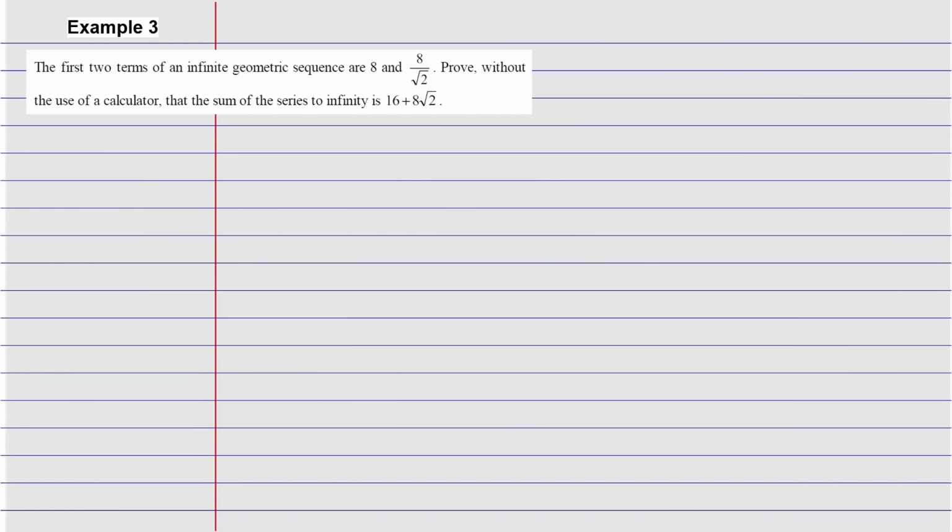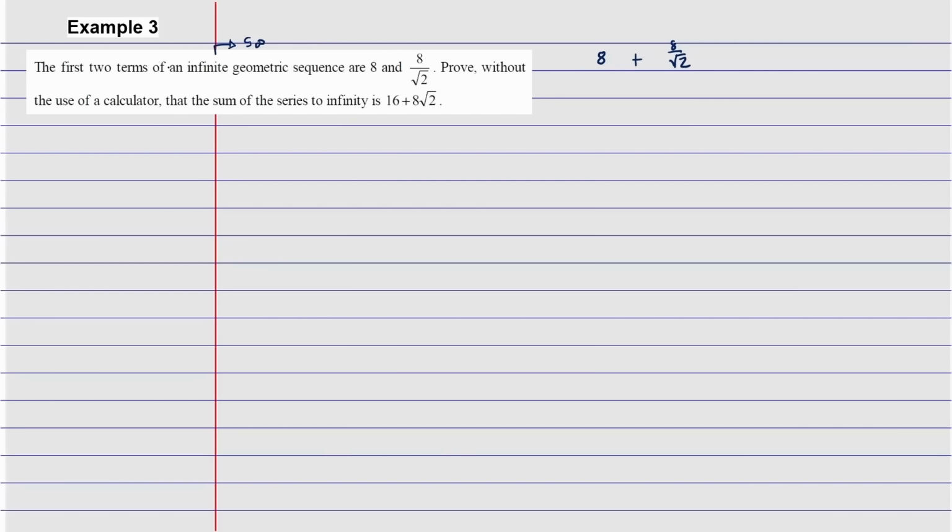So now let's do example 3. It says the first two terms of an infinite geometric series, meaning sum to infinity, is 8. So we see that T1 is 8, and the next term is 8 divided by root 3.